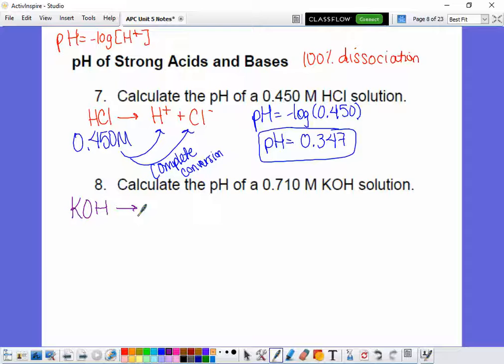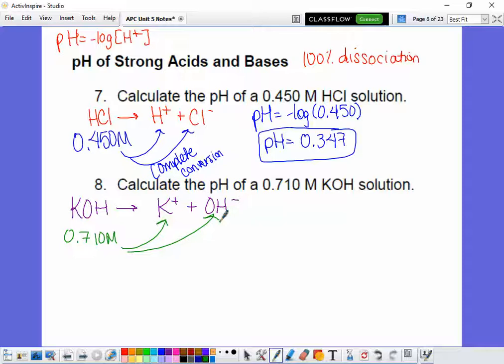What are the ions that this will break up into? K plus and OH minus. And since this is strong, the concentration of KOH, the 0.710 molar, is the same as the concentration of both ions, because there's that complete conversion.